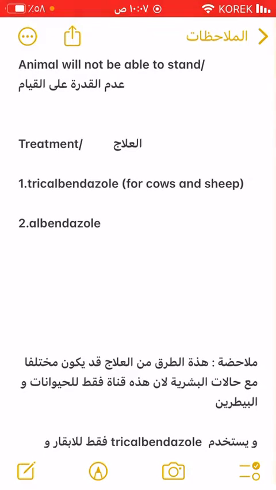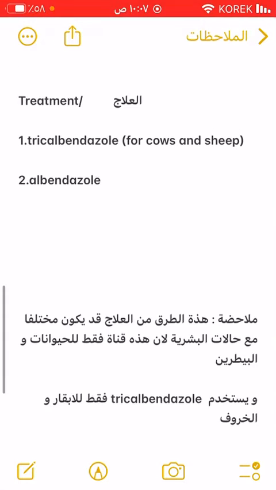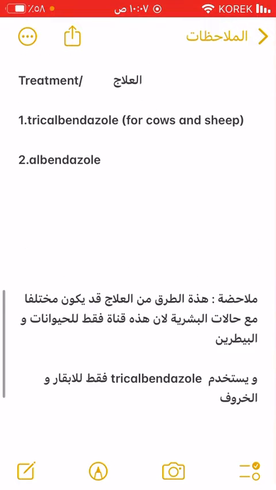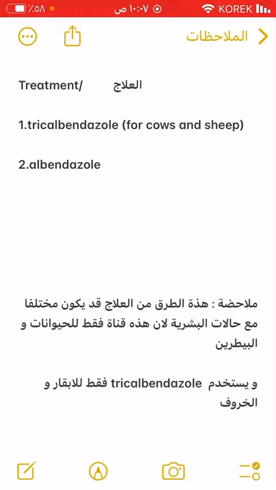I'm working in a lab. We work mostly with farm animals for diagnosing their diseases. We have an important note. I wrote it in Arabic for people who are Arab and don't understand English. The note is just as I said, triclabendazole is just used for cows and sheep only.